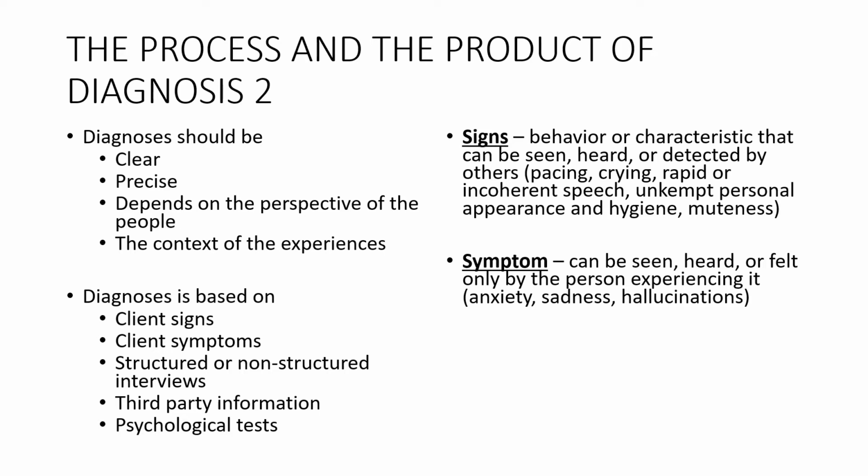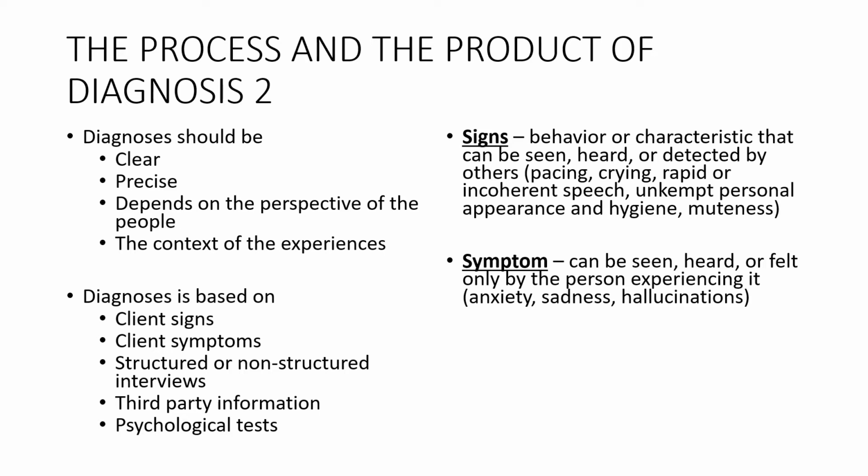That would be very structured. An unstructured one might be just having a conversation with them, and then you pick out what you need from that information to help you understand this person. Third-party information basically means a friend's or a parent's point of view, how they see the situation. And psychological tests basically means assessments.